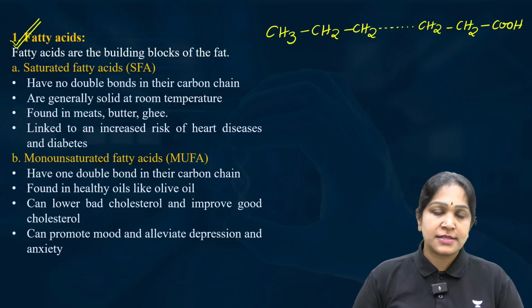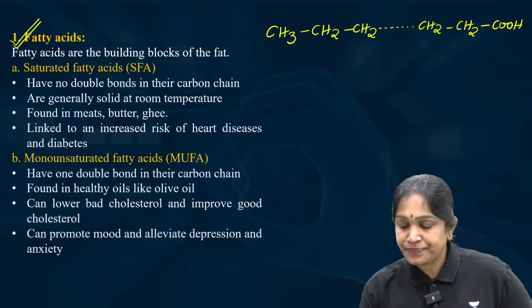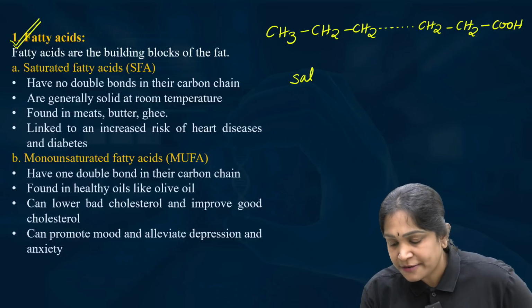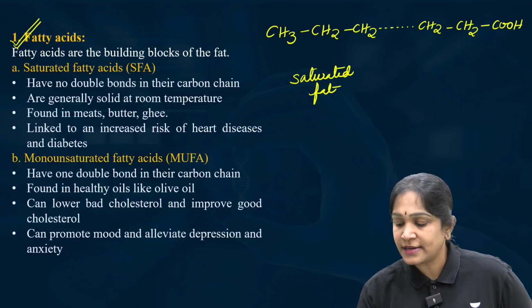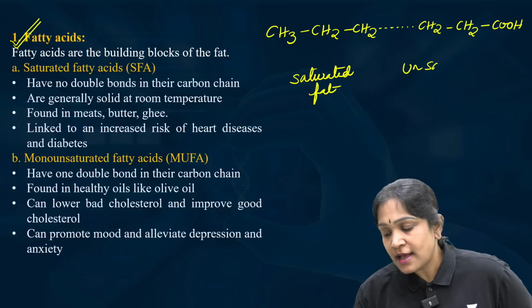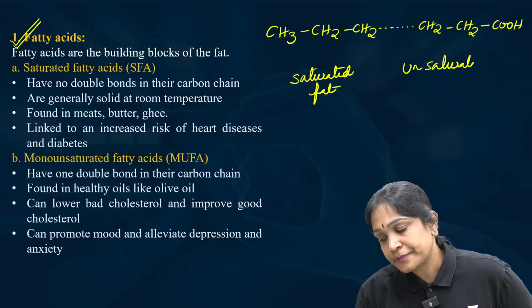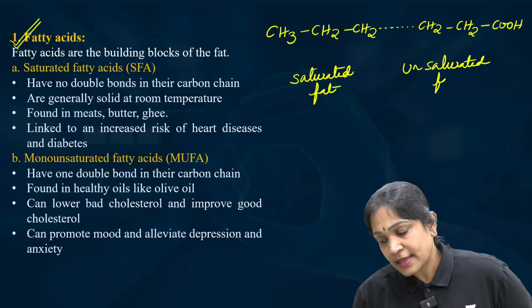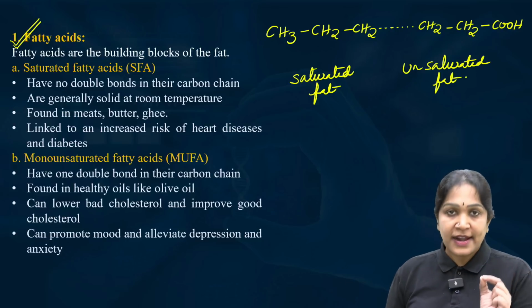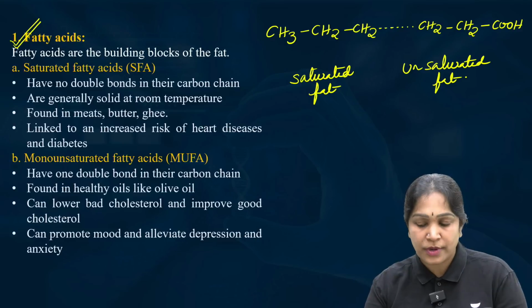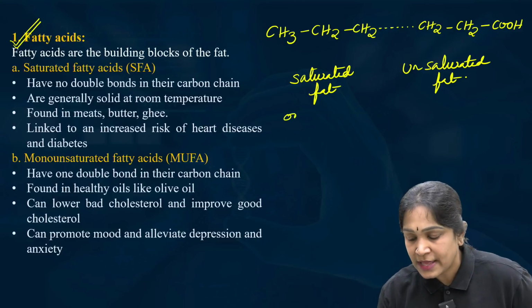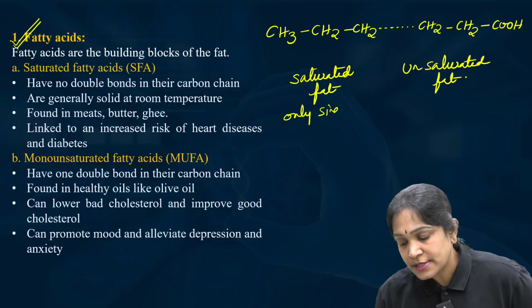In the fatty acids, we have two types. One is saturated fat, and the other one is unsaturated fat. In the saturated fatty acid, in the carbon chain, in the carbon backbone, we will find only the single bonds.